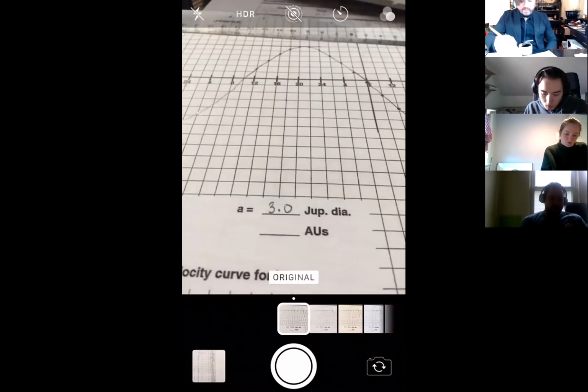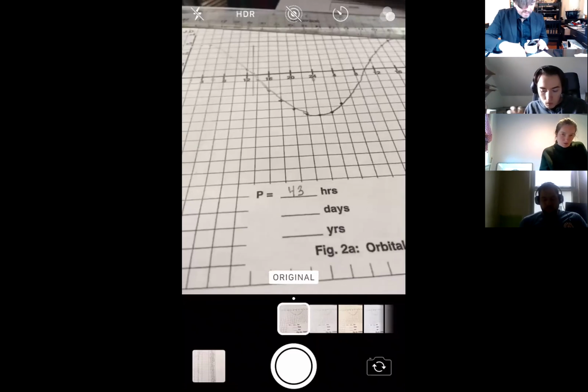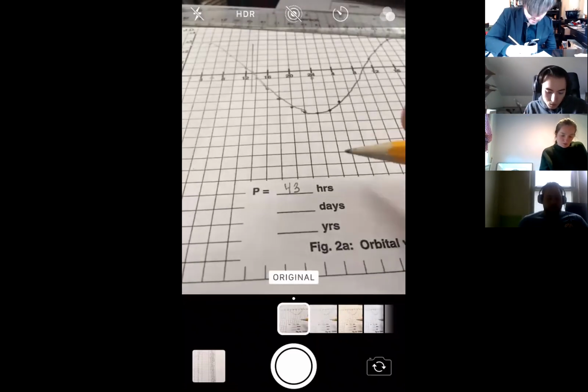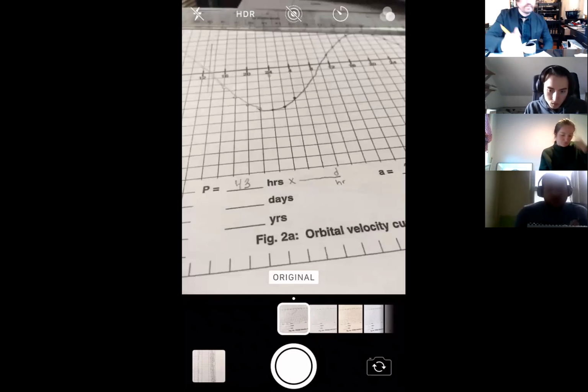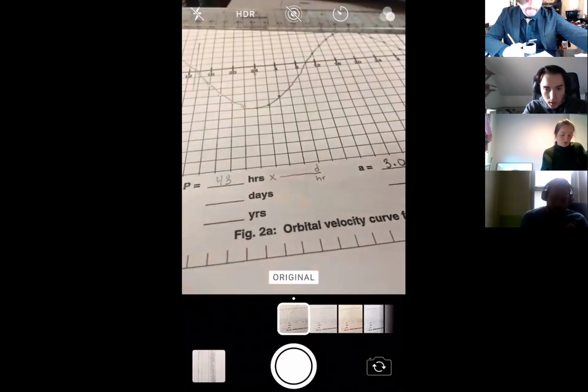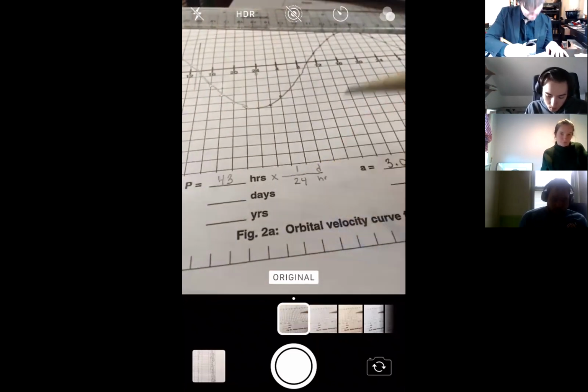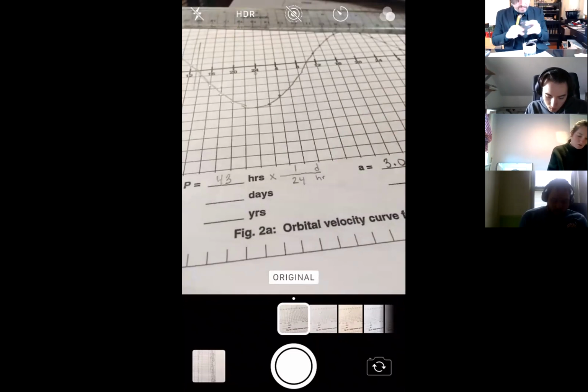Now we need to convert from Jupiter diameters to AU, and we have to convert from hours to days and years. So how do we go from hours into days? What's our conversion factor there? 1 day is 24 hours. Keep 2 sig figs here.